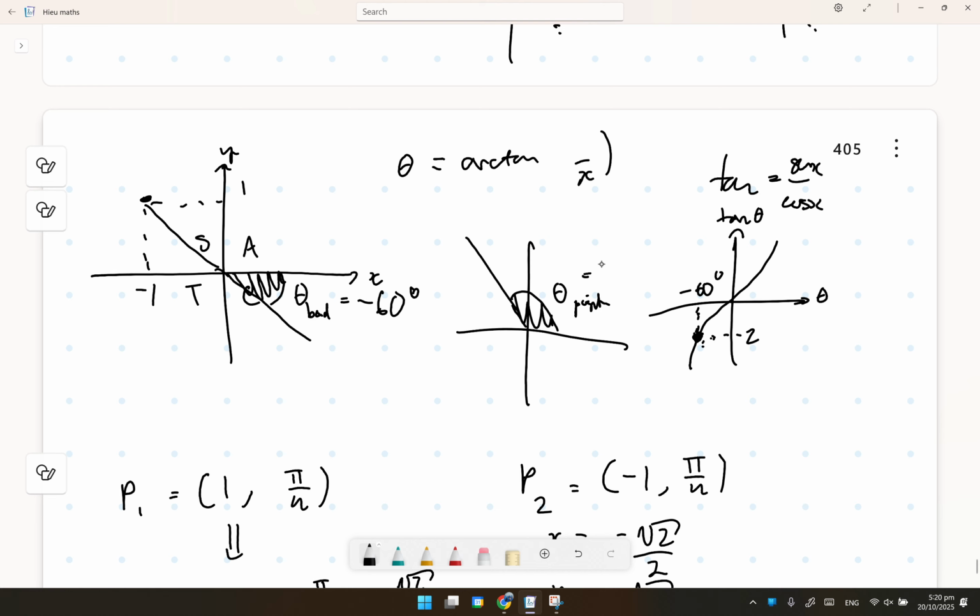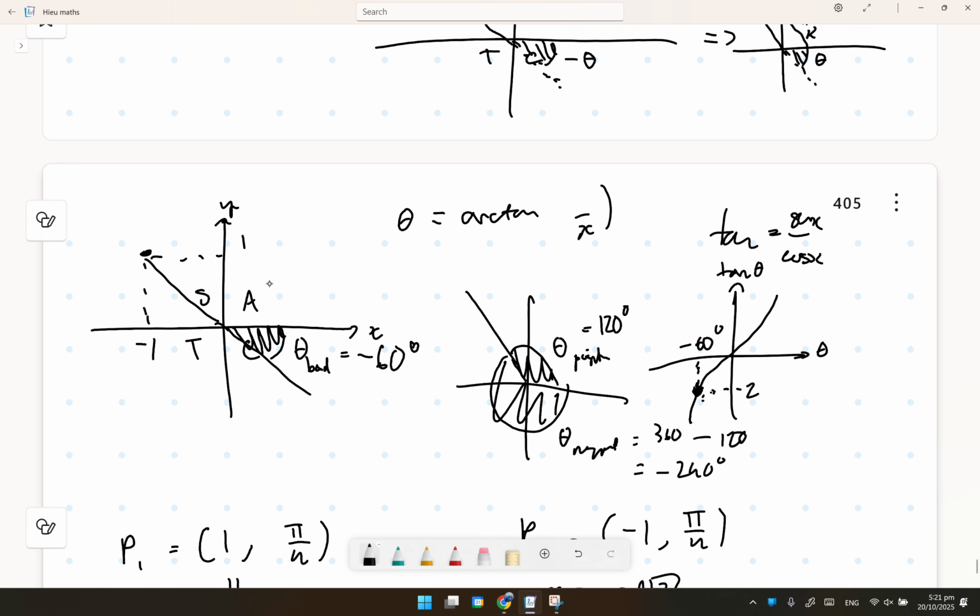Let's call it 120 degrees, or we can also get it in terms of this angle, which is negative. So theta negative is equal to 360 minus 120, which is equal to 240. So this angle would be negative 240 degrees. So you can get two different things.